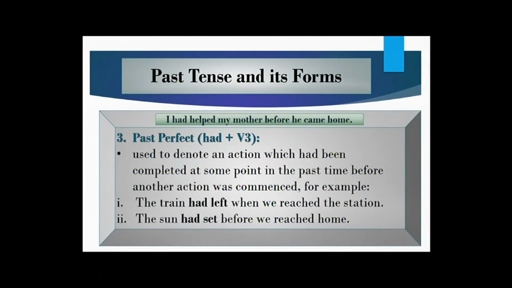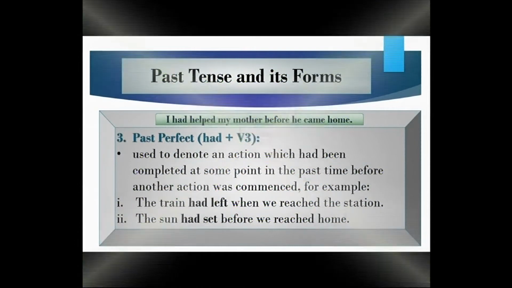It tells us about an action which had been completed at some point in the past before the other action began, right? For example, the train had left when we reached the station. There are two works. The train had left, we reached the station. But the train had left before we reached.